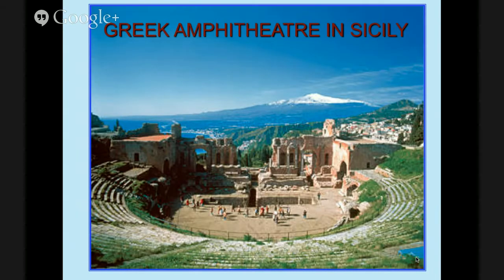Here's a picture of a Greek amphitheater in Sicily. So you can see they had a very intentional space to dance. It is outside, but you can see that they have the proscenium type theater with the rows that's carved out of stone and a very, very beautiful backdrop, a stage.